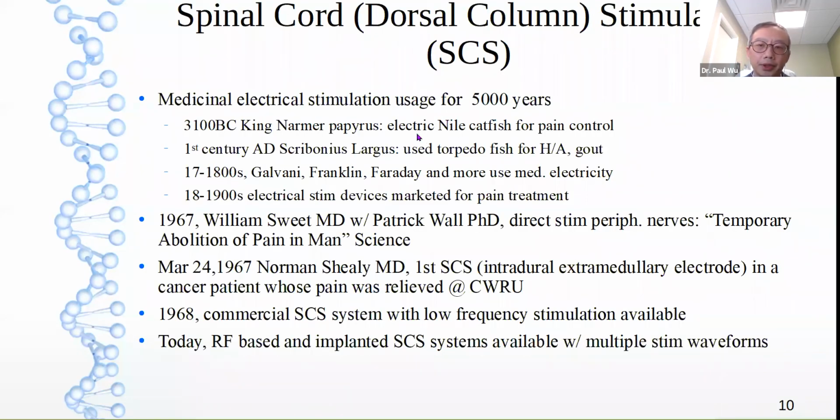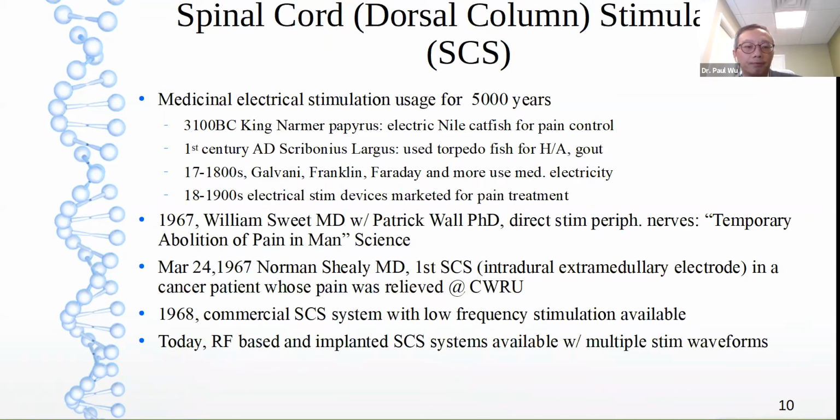In terms of spinal cord stimulation, this has been around in human history for a long time. First, it was reported in an Egyptian papyrus back in 31 BC, which shows using electric catfish for pain control.